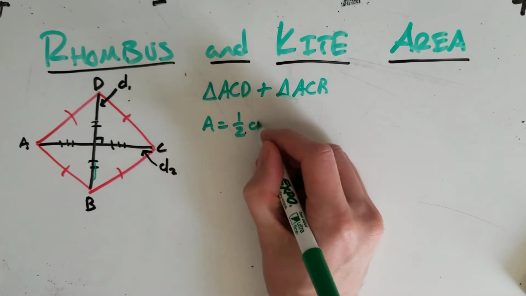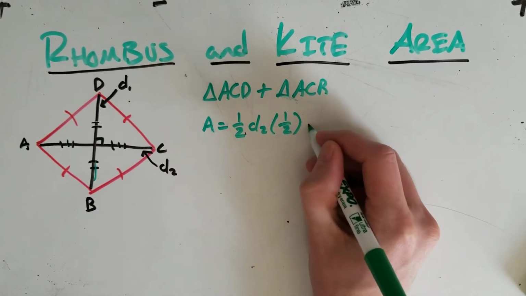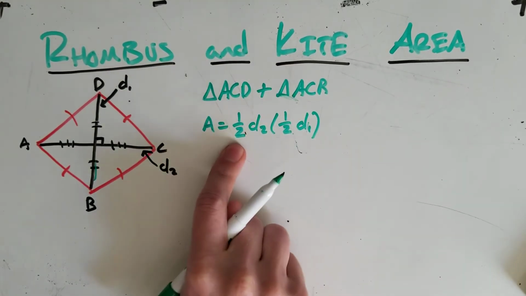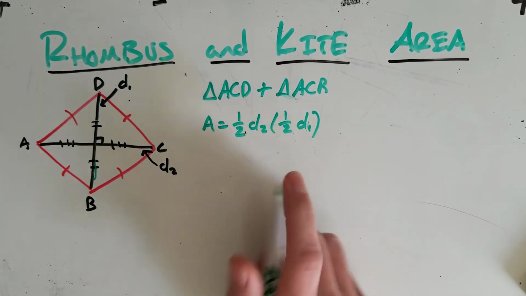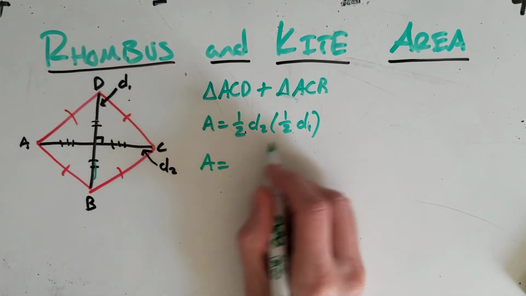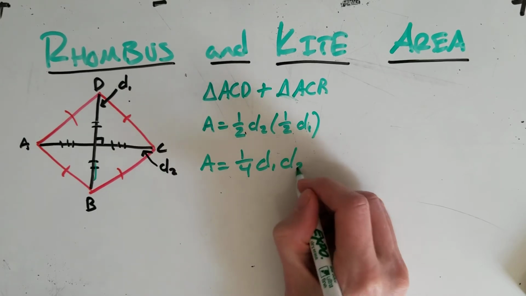So 1/2 diagonal 2 times 1/2 diagonal 1. And the first 1/2 is because it's 1/2 base times height. This was your base, this is your height of that triangle. So this first triangle ACD, the area of that would end up being 1/4 diagonal 1 times diagonal 2.